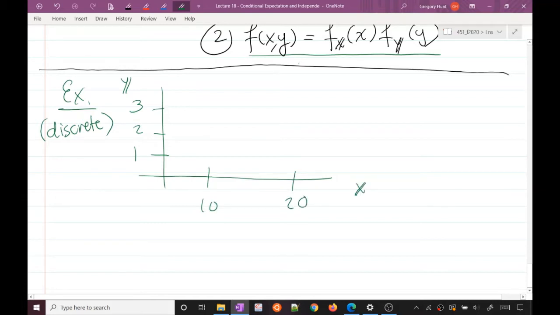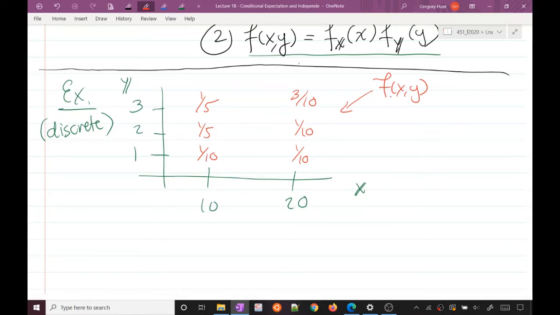Let's write f of xy: 1/10 at (10,1), 1/5 at (10,2), 1/5 at (10,3), 1/10 at (20,1), 1/10 at (20,2), and 3/10 at (20,3). So this is my joint PMF in this case, because we have joint discrete random variables.